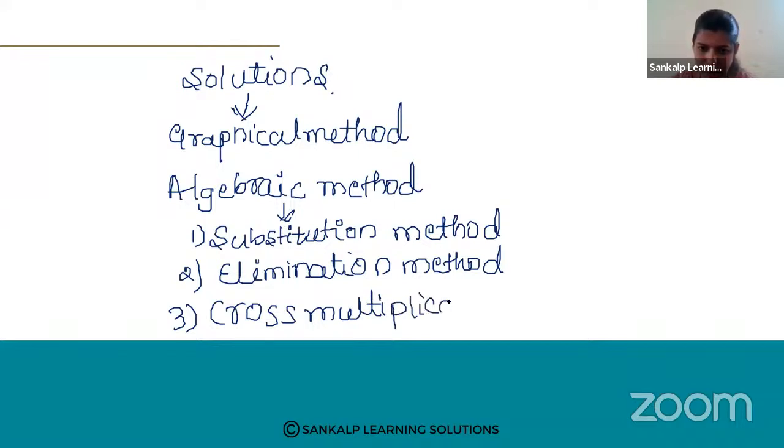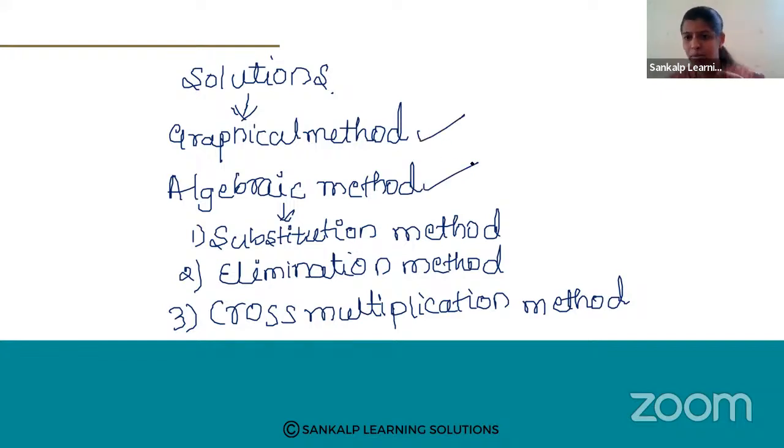So how many methods are there to find the solutions for a pair of linear equations? Here we are going to use two methods: the graphical method and the algebraic method. In the algebraic method, again three methods are there: substitution method, elimination method, and cross multiplication method. This year the cross multiplication method is deleted. So we are going to study only two methods, that is the substitution method and the elimination method.